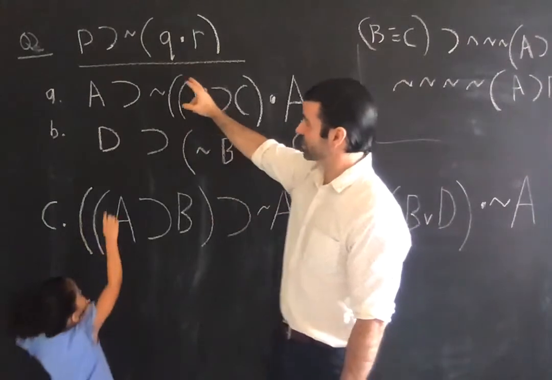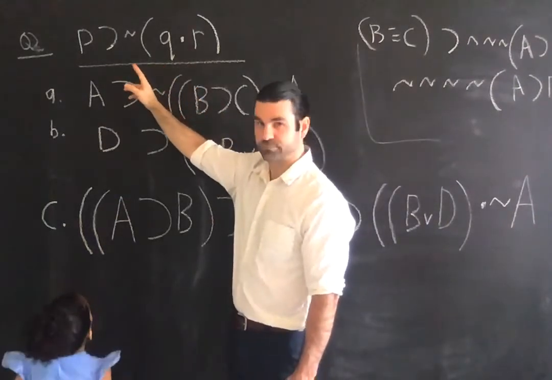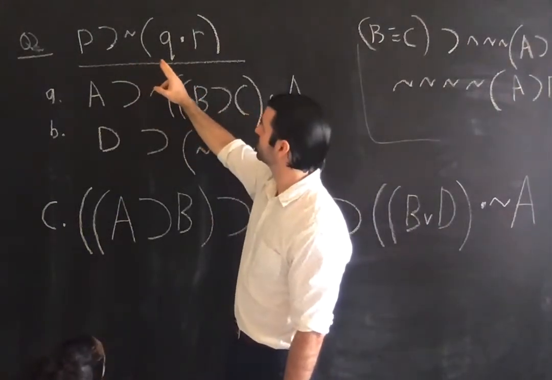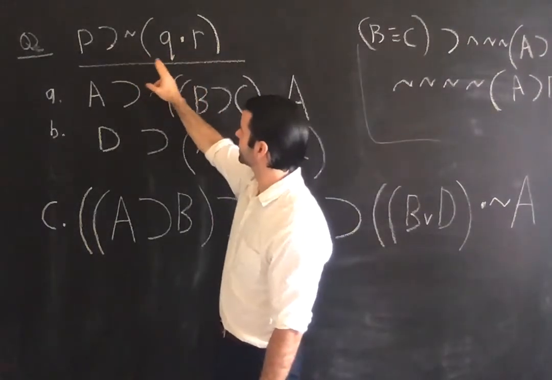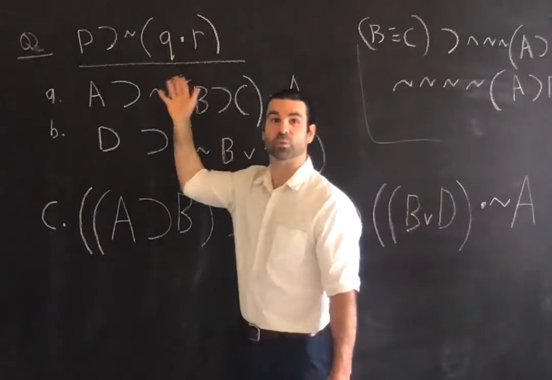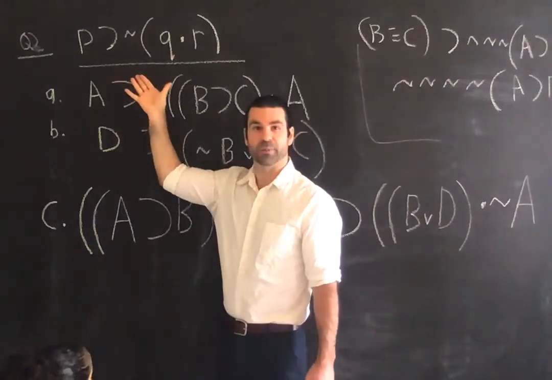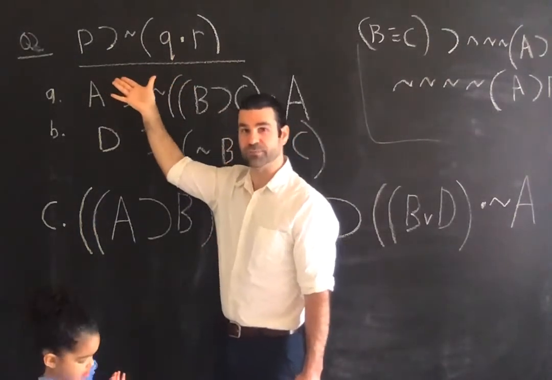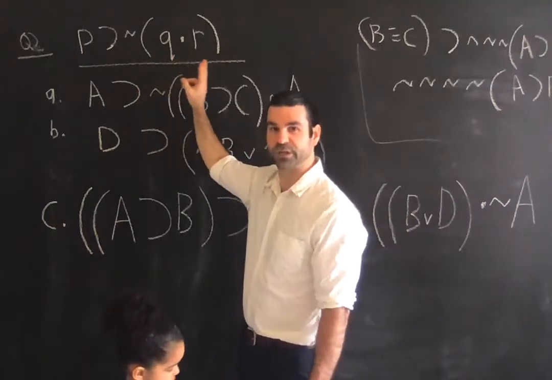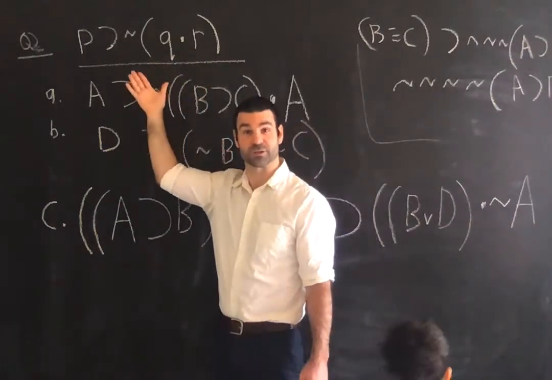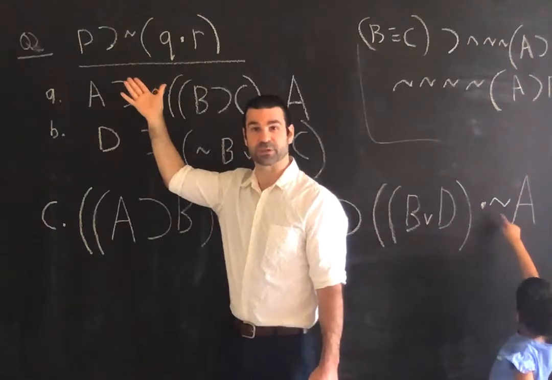Right, so what does this form say? It says P hook not brackets Q and R, but say it in words like this. It's a conditional where the consequent of the conditional is a negated conjunction, right? That's what the form is.